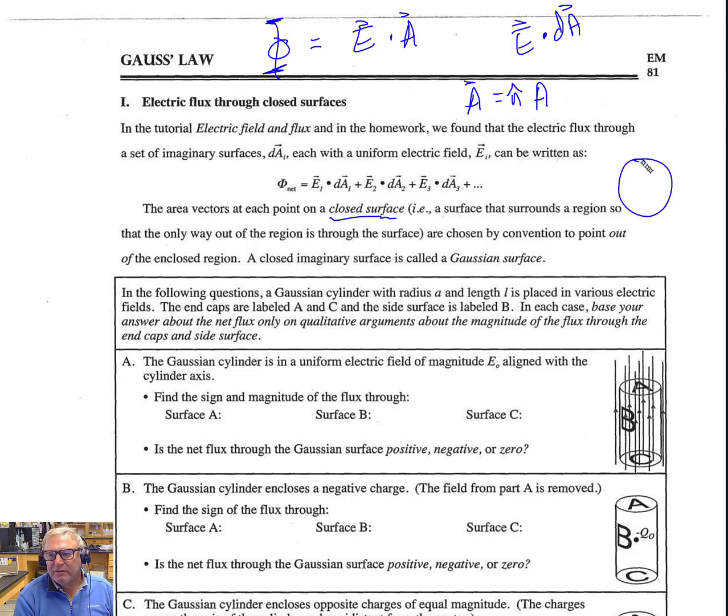Any Gaussian surface, if you have an A and any E vector, E flux line, in this case this is positive, so the A vector, yeah, that's right, now I got it. The A vector always points out. Remember, before it was arbitrary.